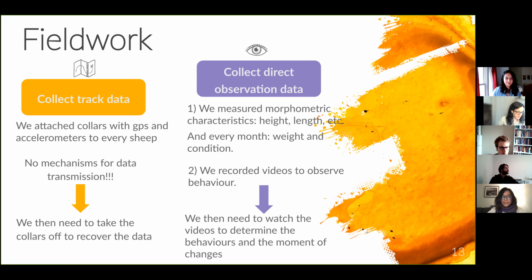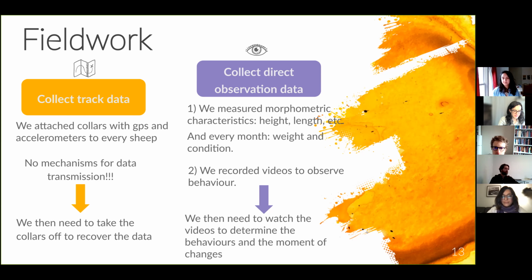If the device moves, the reference system also changes. So we had to try different collar designs until we found one that allowed us to fix the devices. It wasn't easy. Then, as these devices have no mechanisms for data transmission, we need to take the collars off to recover the data.